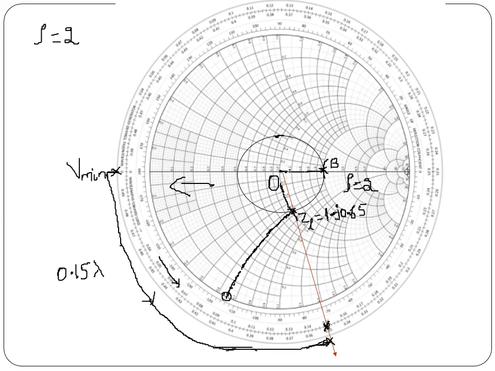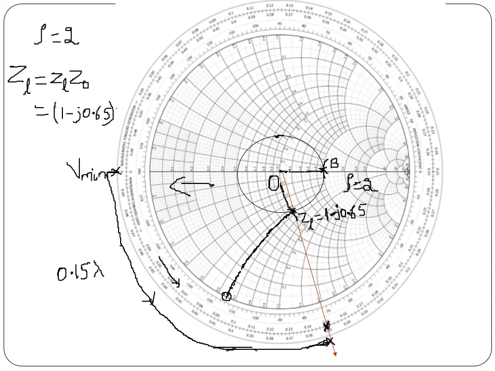Therefore, ZL is equal to the normalized load impedance multiplied by Z0, which is 1 minus j0.65.